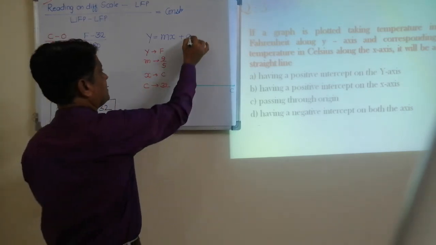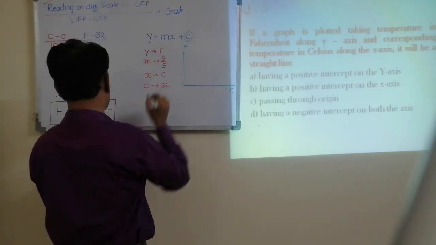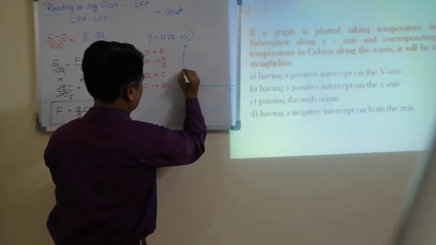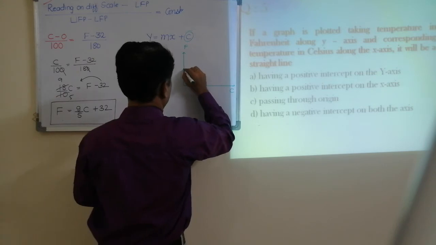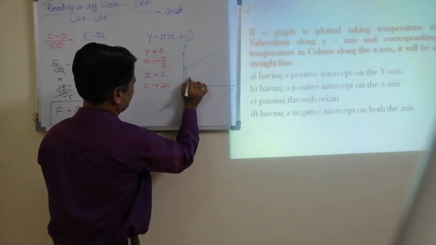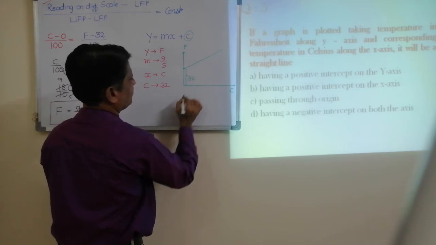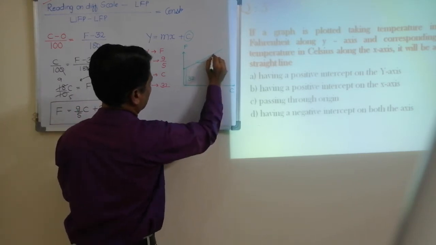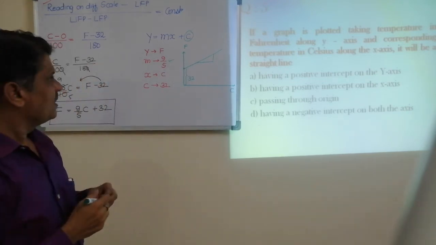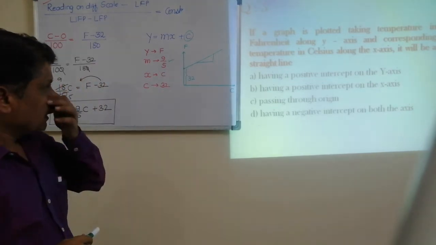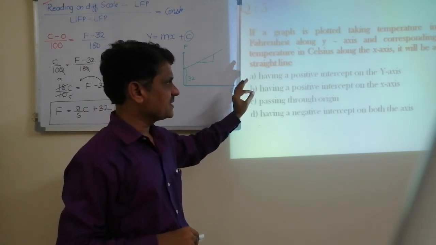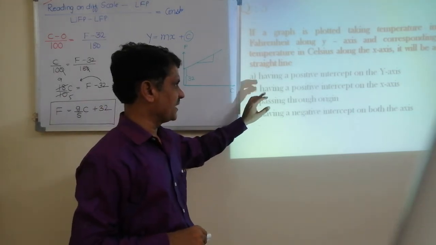We know that c gives the intercept, that is positive, it is plus 32. The slope is m, that is 9 by 5, which is not required here. We have to know whether we have intercept on the x-axis or y-axis.